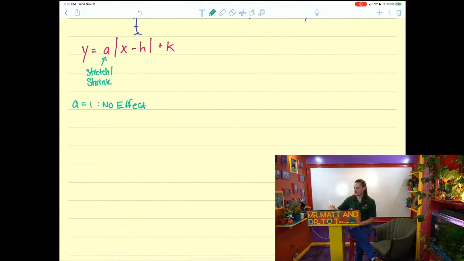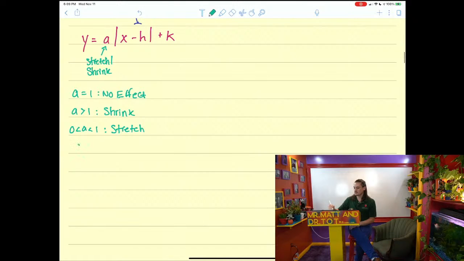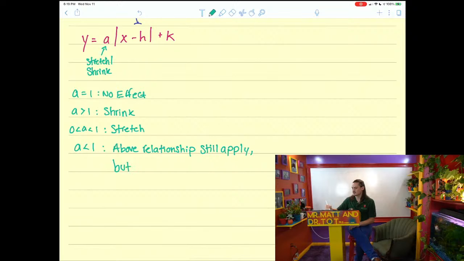If a is greater than 1, it's a shrink factor. If a is in between 0 and 1, then it's a stretch factor. And if a is less than 1, the above relationships still apply. But the whole function is flipped around the x-axis.